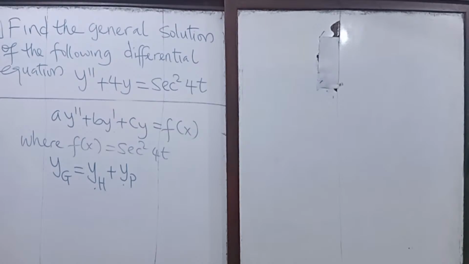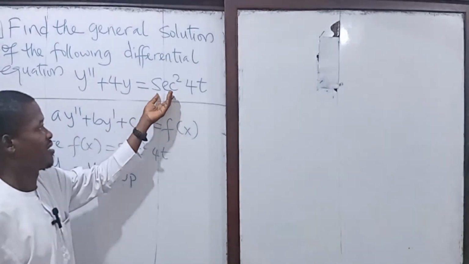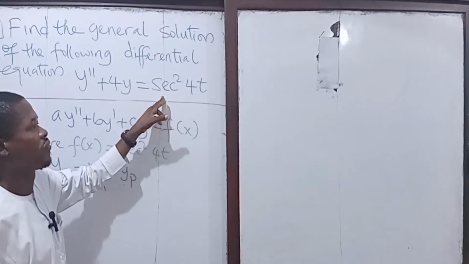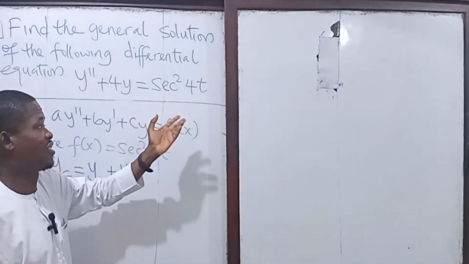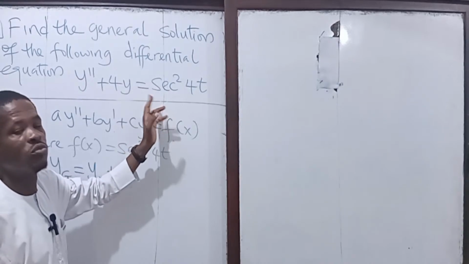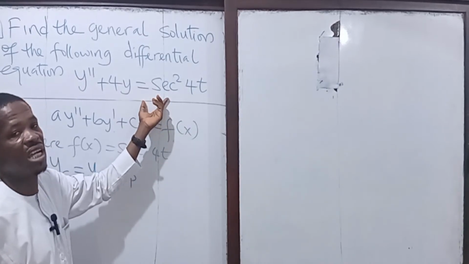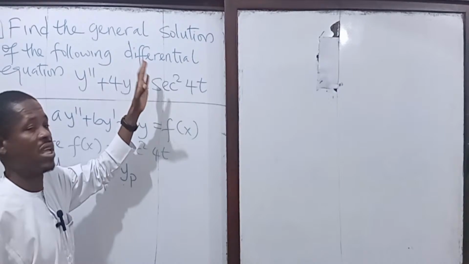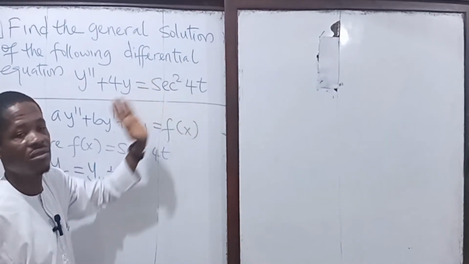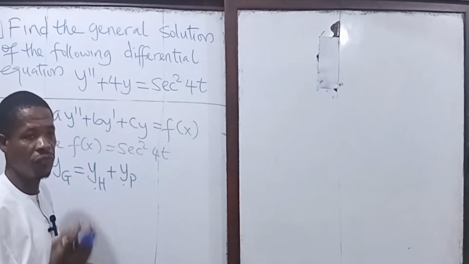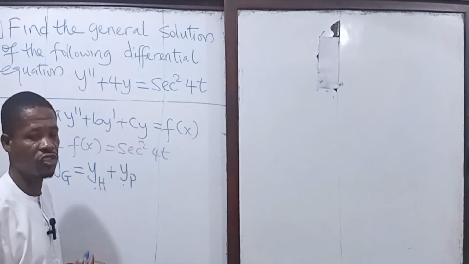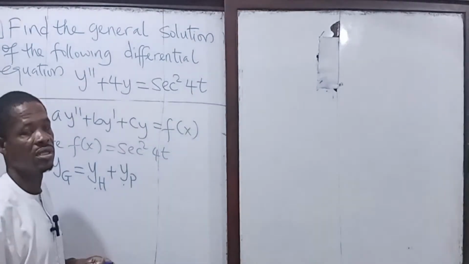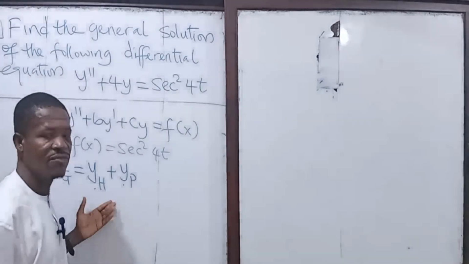In this case, if you want to use undetermined coefficients, it will be very cumbersome because there is no room for sec squared of a function, sec squared theta. We only have room for cosine and sine functions. So the best approach is variation of parameters.